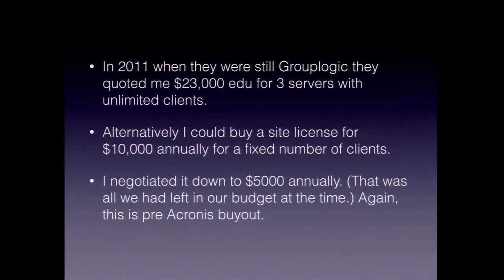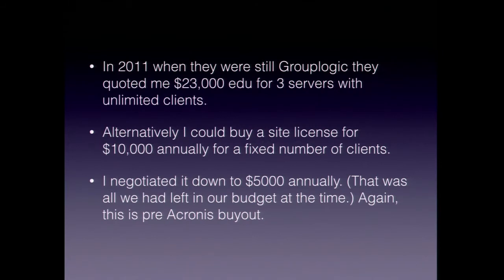For us personally, we first purchased it in 2011 when they were still owned by Group Logic, and they quoted me $23,000 for 3 servers with unlimited clients, which is a lot of money for a small liberal arts college. Alternatively, I could buy a site license for $10,000 annually for a fixed number of clients.